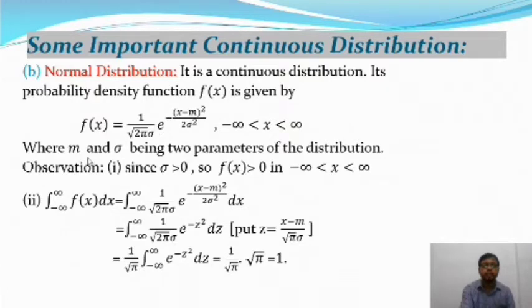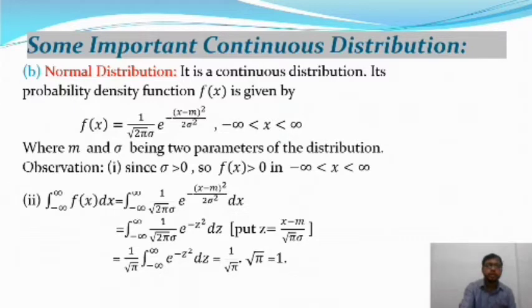Here m and sigma are the two parameters of the distribution, and since sigma is greater than 0, we get f(x) greater than 0 in the interval minus infinity to plus infinity. The second property of continuous distributions says the integral from minus infinity to plus infinity of f(x) dx is equal to 1.